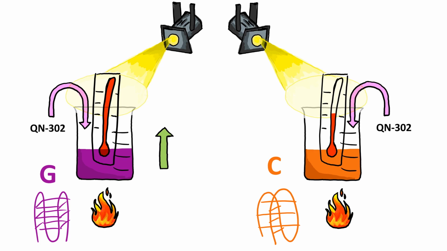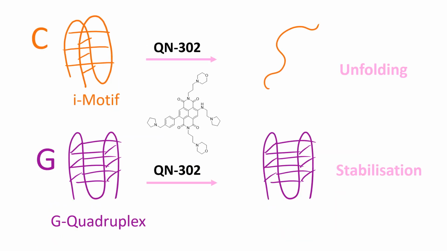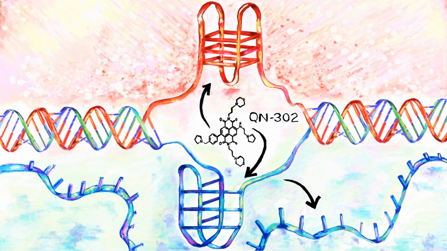However, in the case of the i-motif, the melting temperature was decreased. This set of experiments showed how the QN-302 molecule affects the stability of our G-quadruplex or i-motifs at the S100P gene. More specifically, we found that QN-302 unfolds the i-motif while stabilizing the G-quadruplex.